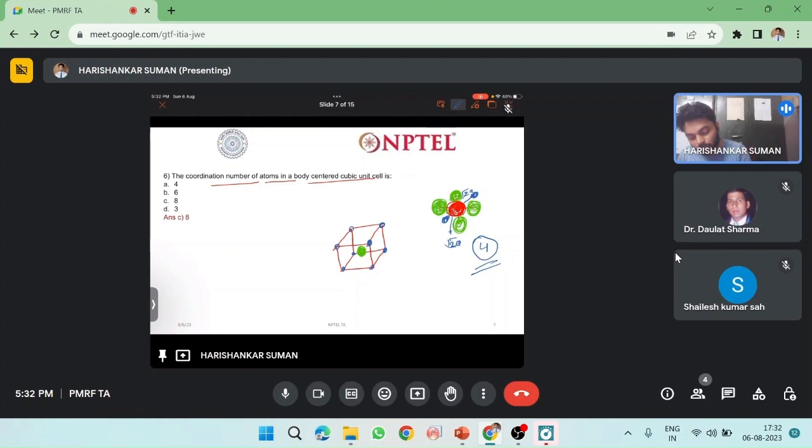What will be the diagonal distance of a cubic, root 3a or something else? If the lattice parameter ab is equal to a, this is the diagonal distance. Yes or no? So by 2, this will be the distance.